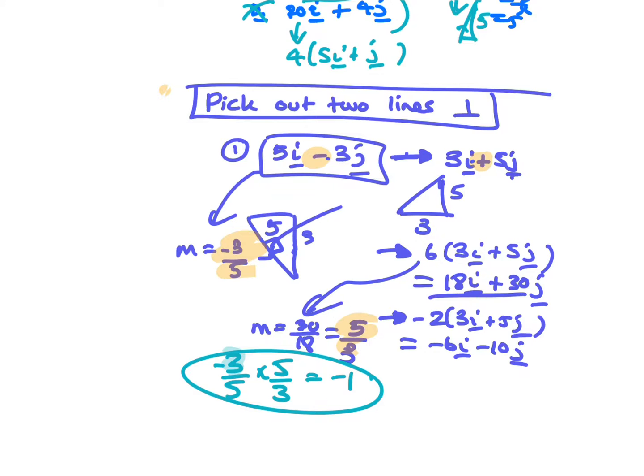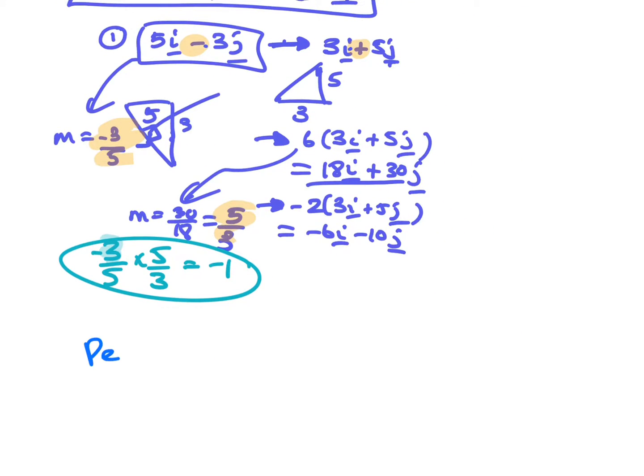Okay, so the other way to prove whether something is perpendicular is that the dot product is 0.